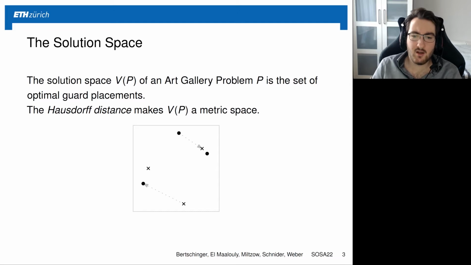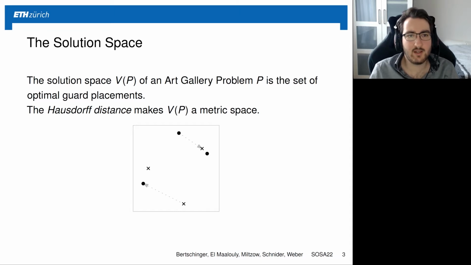So here, from all crosses, the cross on the bottom is the furthest away from any point, and its closest point is the one on the left. And for the points vice versa, the point that is the furthest away from any cross is the one on top, and its closest cross is the one on the bottom right of it. And now the Hausdorff distance between these two sets is just the maximum of these two dashed distances here. So we have this bottom distance being the Hausdorff distance here. So this is just a very natural way of comparing two sets.